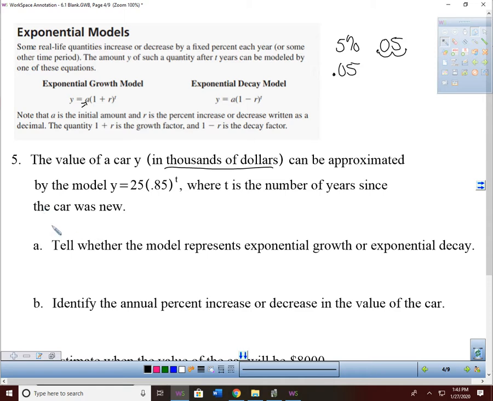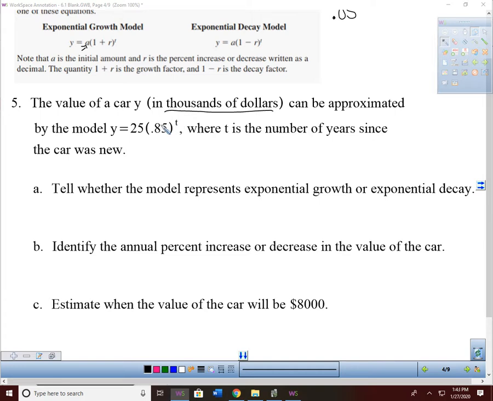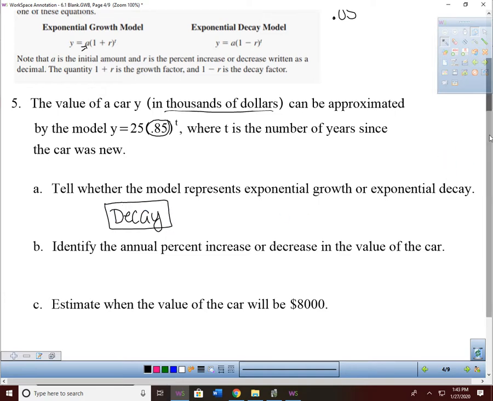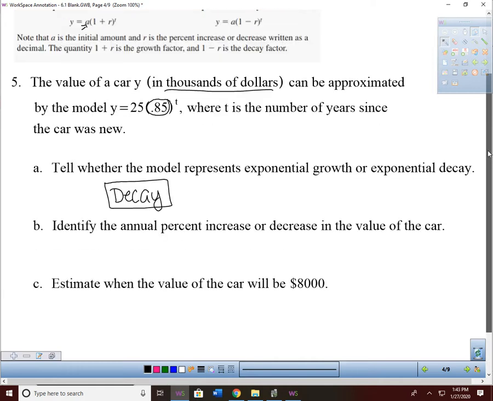Okay? So it says tell whether the model represents exponential growth or decay. So I'm going to look right here, the base of my exponent, which is 0.85. That is smaller than 1, so that makes this a decay. Okay. Part B, identify the annual percent increase or decrease in the value of the car. Well, I know that it decreased in value, right?